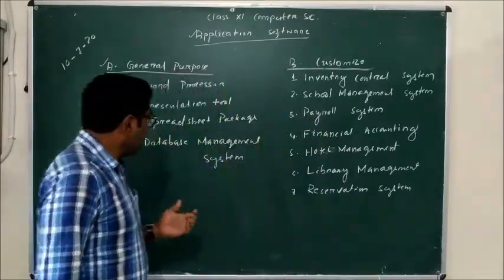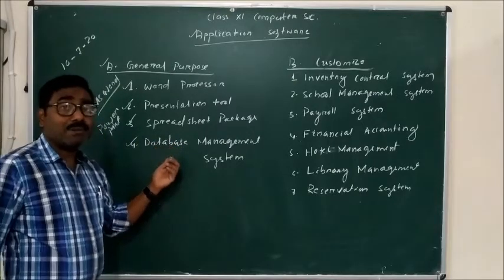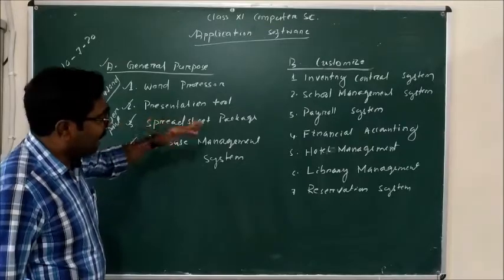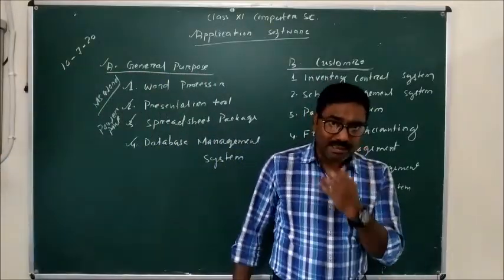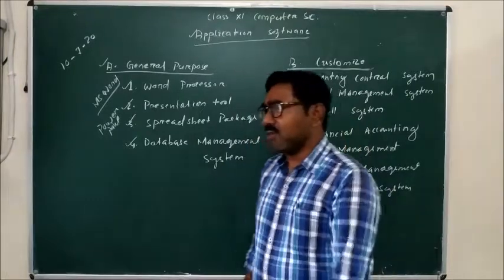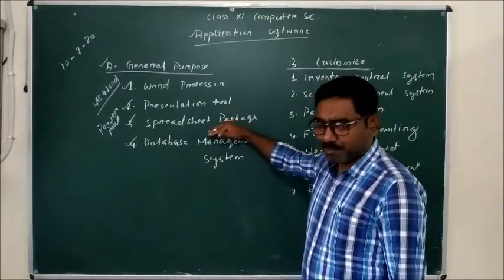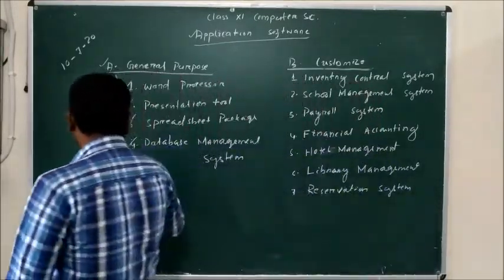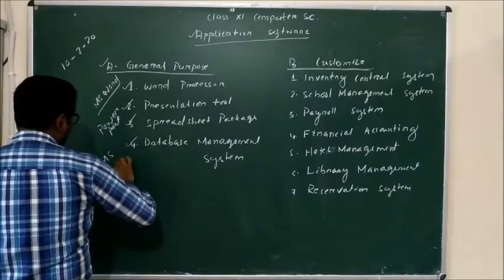So just now I'm telling you the database is the organized way of storing data. Any software that allows you to store and retrieve data in an organized manner is known as a database management system. The most commonly used database management system is MS Access, or Microsoft Access.